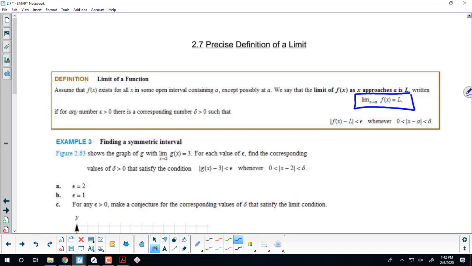And so now we know what that notation means. What that notation means is if for any number epsilon larger than 0. So just think about epsilon here as a really small number. So for any number larger than 0, epsilon, there's a corresponding number delta. So delta, again, is a really small number.